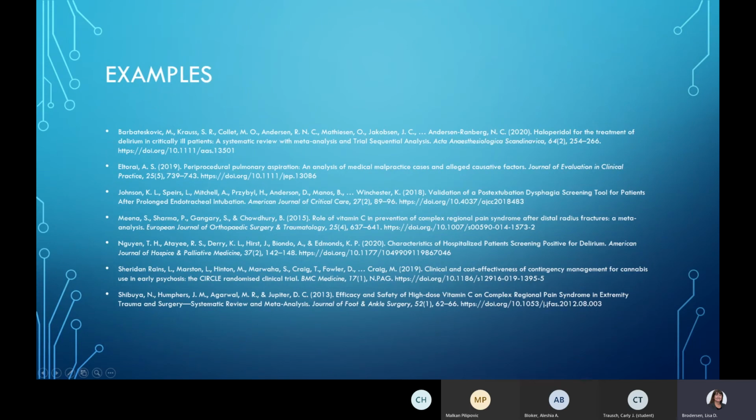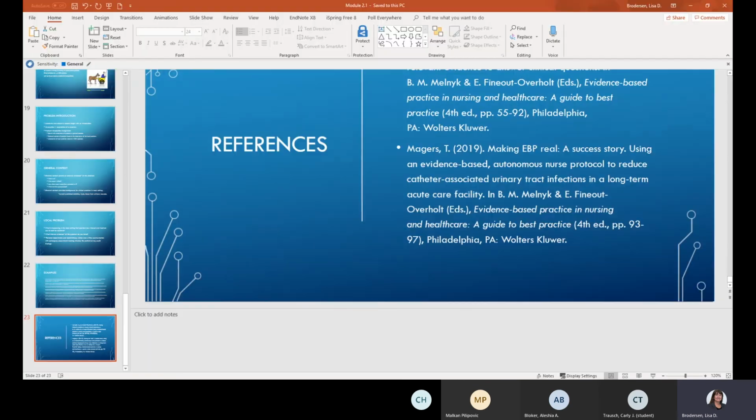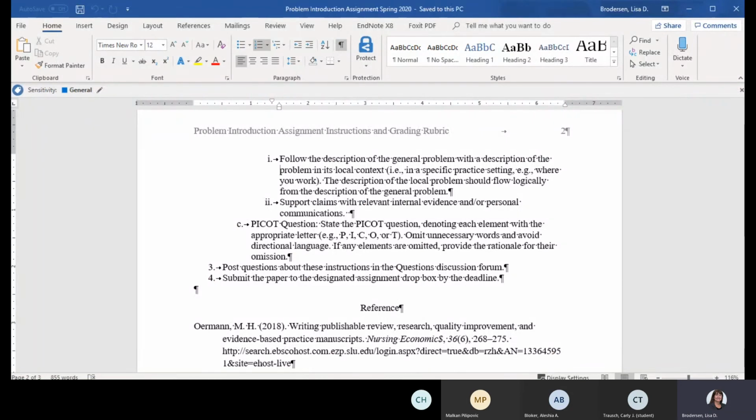And then the last page of the presentation is just the readings that the presentation was based on. So I'm going to go ahead and end the PowerPoint and bring back up the agenda.